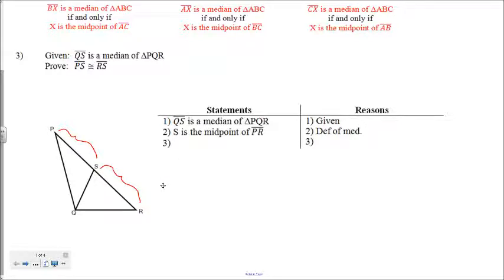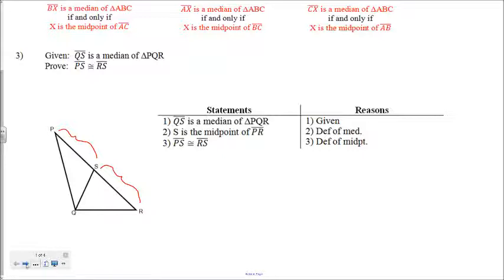Therefore, S is the midpoint of segment PR. Then if we use the definition of midpoint, we can conclude that the two segments, PS and RS, are congruent. So notice that even though it seems like a very intuitive conclusion, it actually requires some detailed explaining.